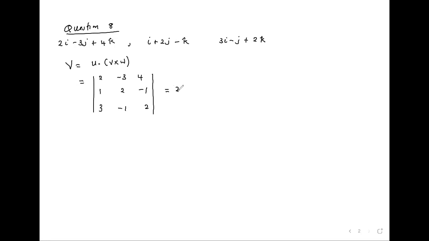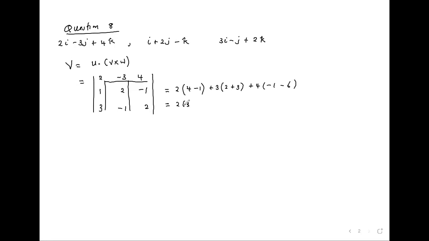If I go by the first row, then you cut here, you cut there, then you have 4 minus 1, and then plus 3. You cut here, and you cut there, then you have 2 plus 3, and then plus 4. You cut here, and you cut there, then you have negative 1 minus 6.